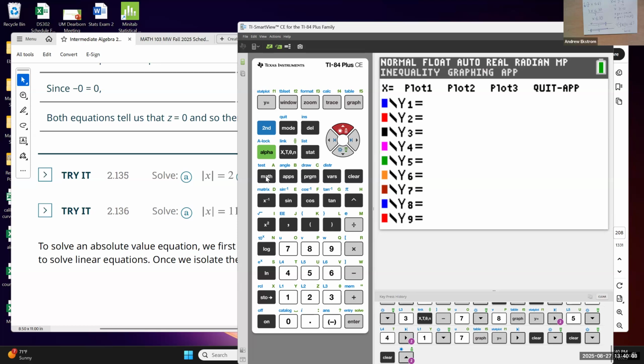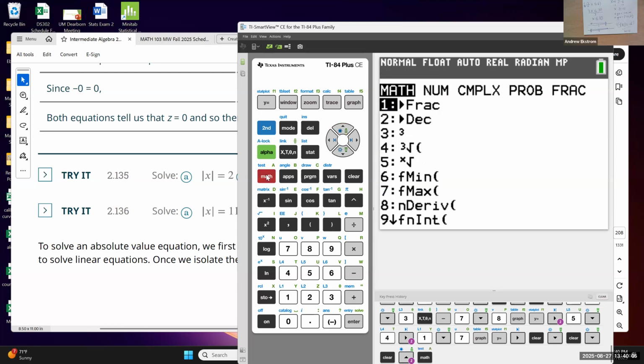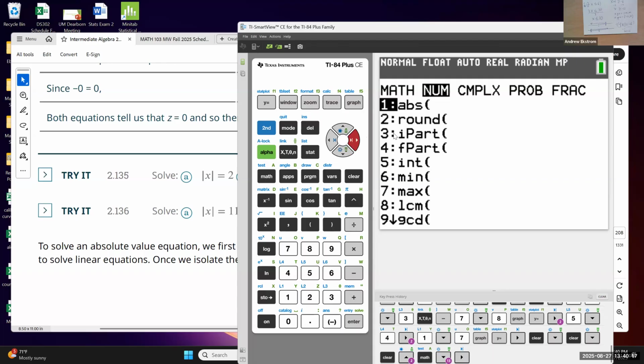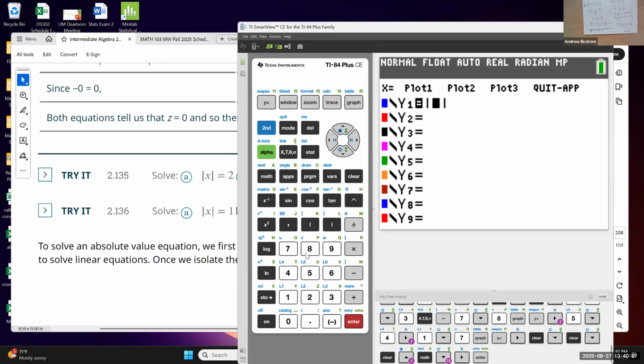If you don't, I believe it's under math. So cubed root, x root, you can see some of the other stuff that's on here. Numbers, this ABS, that's absolute value. So I can hit enter.